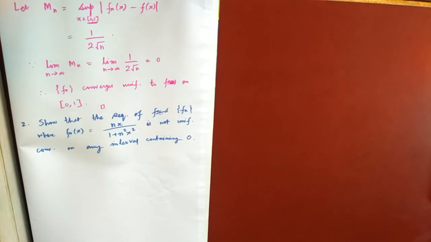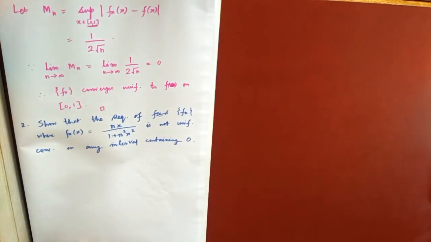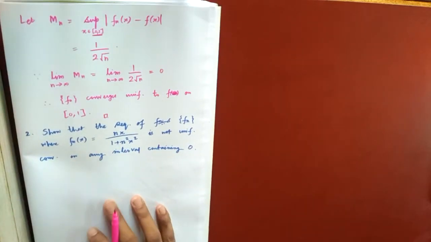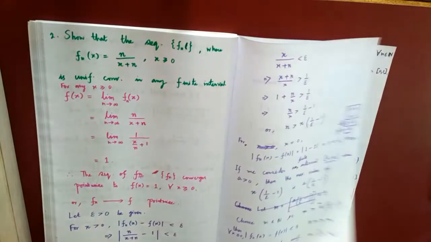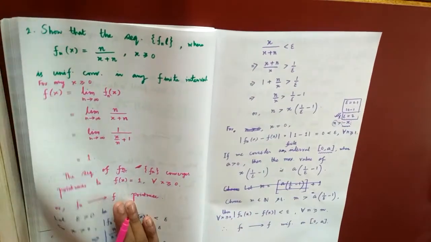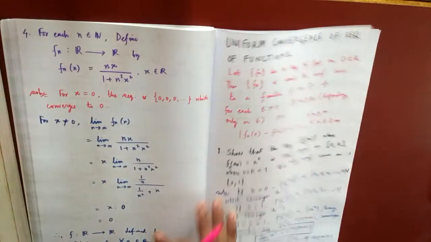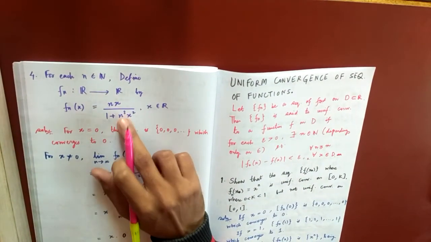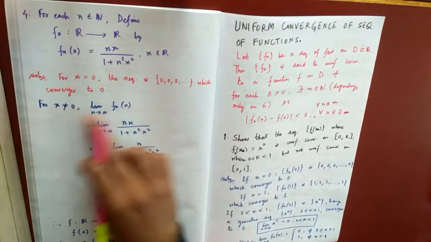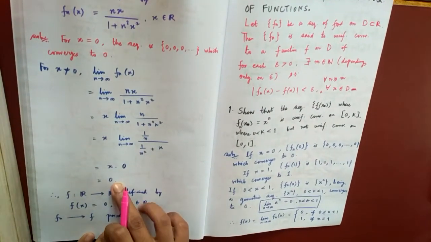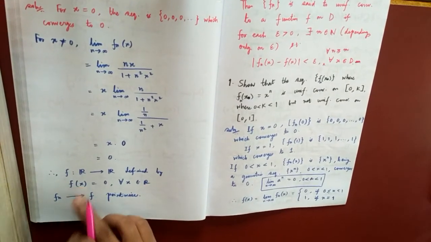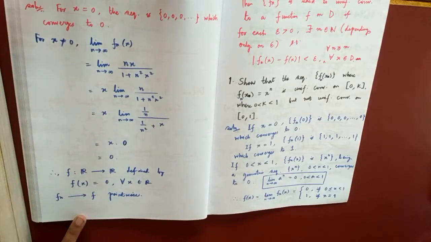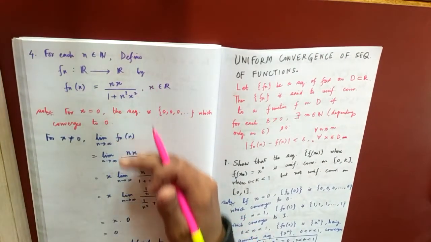Okay. So your first task is again to find the pointwise limit. For this function I have already calculated the pointwise limit. For this function nx by 1 plus n square x square, for x equals 0 it is 0, and for any x not equal to 0 it is also 0. So the pointwise limit is identically 0. It's already done, I am not going to repeat everything.